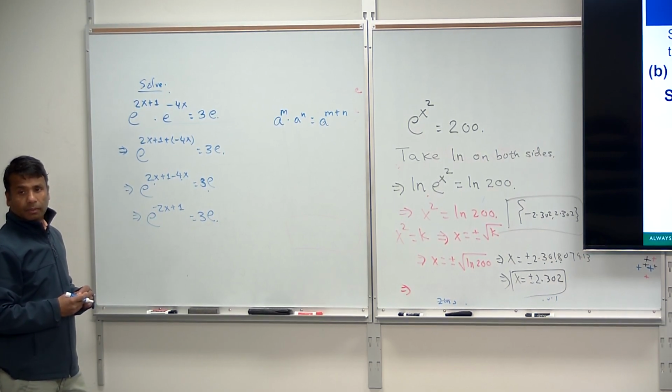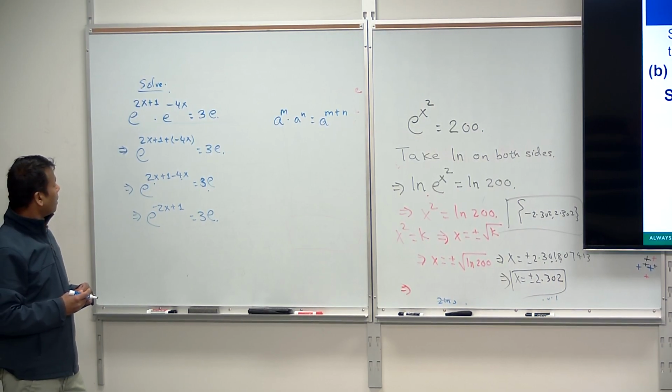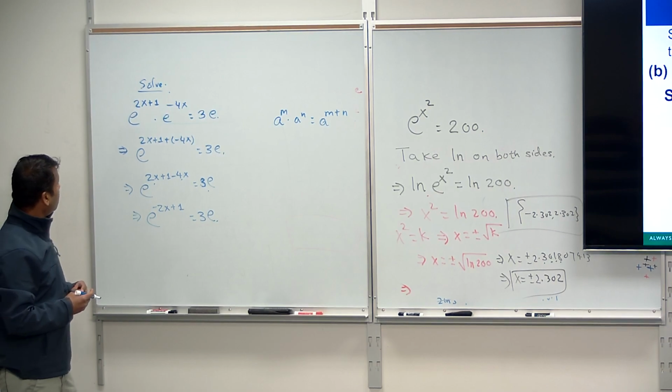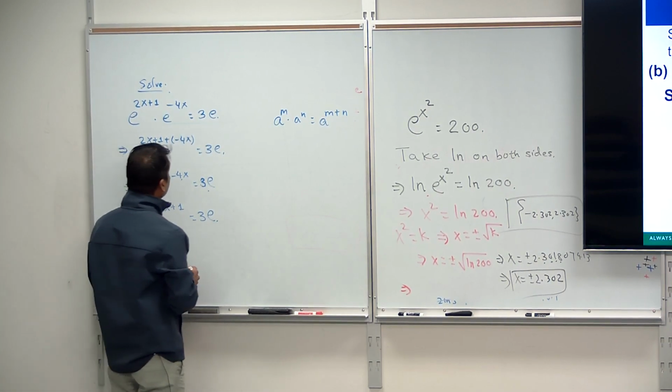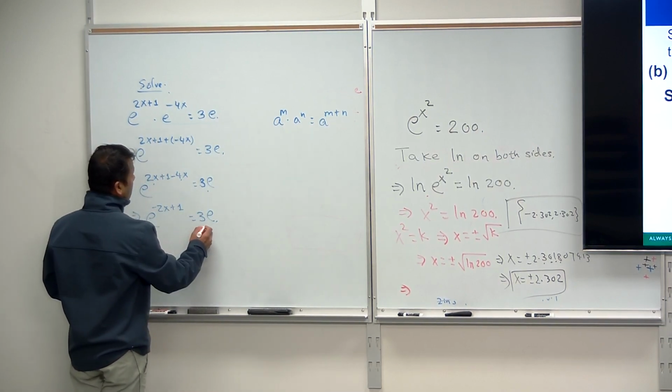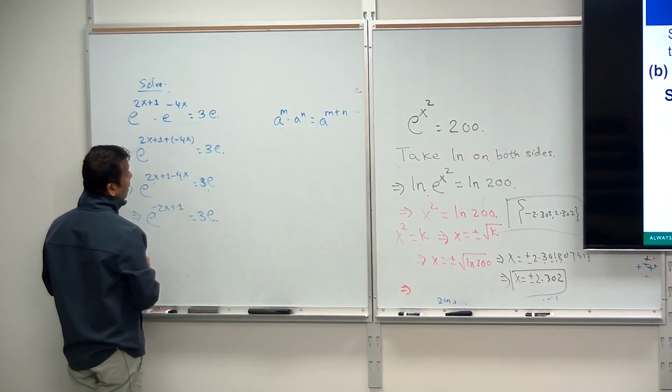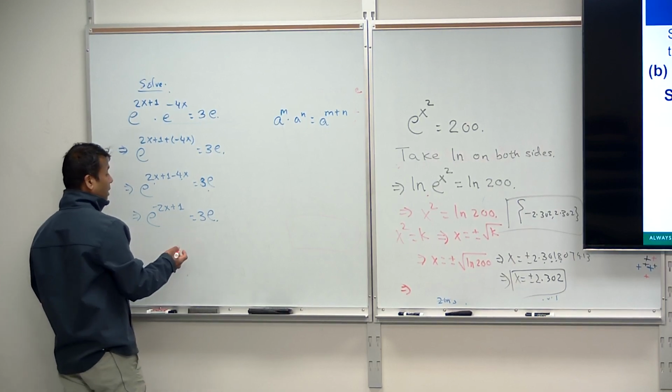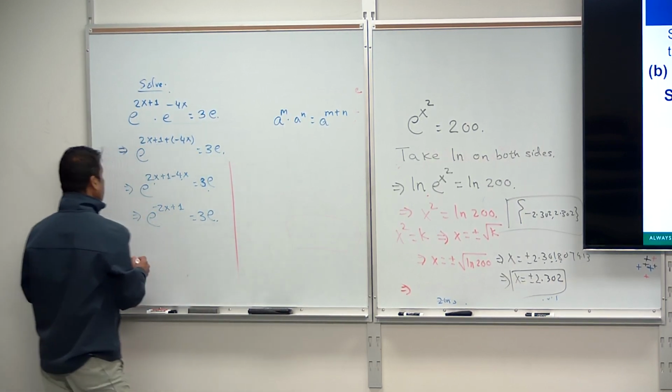Make sense? So now you can divide both sides by e, or you can take ln on both sides, okay? That's good. Take natural log on both sides.